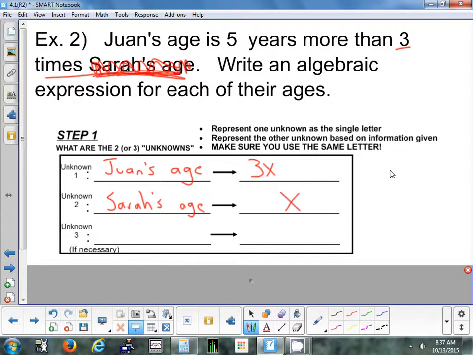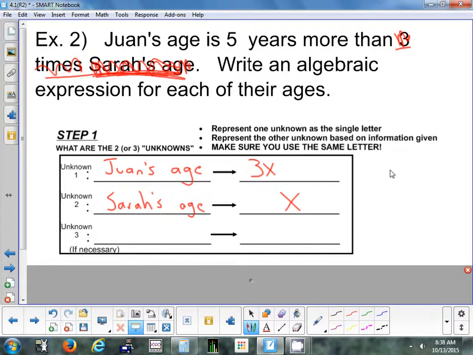Then it's 5 years more than. How do I show that, Kevin? 5 years more than. We did this 3 times, right? What's another key term that we have up there that's not crossed out? We're going to need the 5 years.